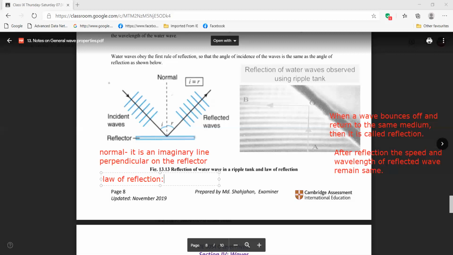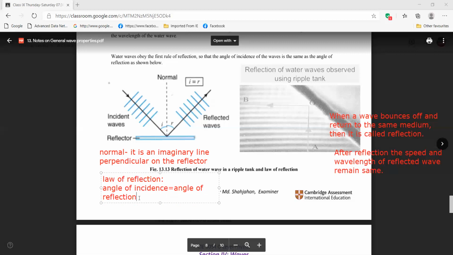It is angle of incidence equals angle of reflection.